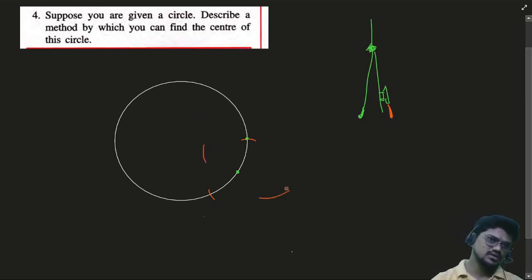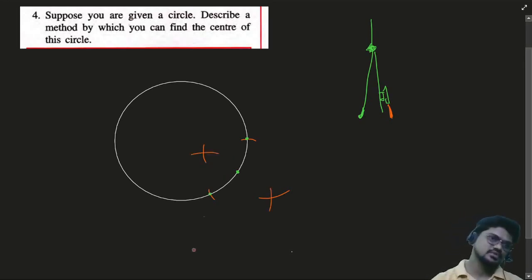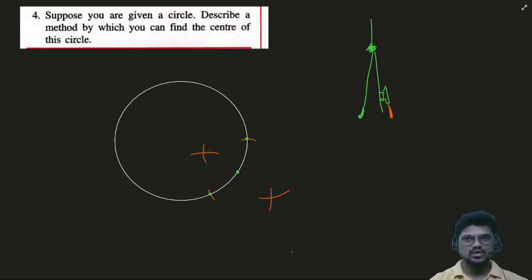Got it or not? Okay. After that, with the same distance, put a point over here and draw two arcs like this and like this.